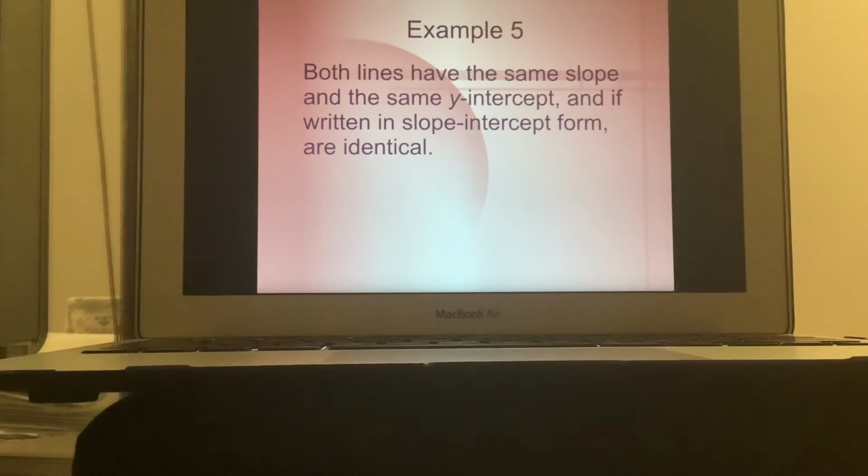Example 5 says both lines have the same slope and the same y-intercept, and if written in slope-intercept form, they'll be identical. So in example 5, we're talking about those two equations, x equals -y plus 2, and 3x plus 3y equals 6.